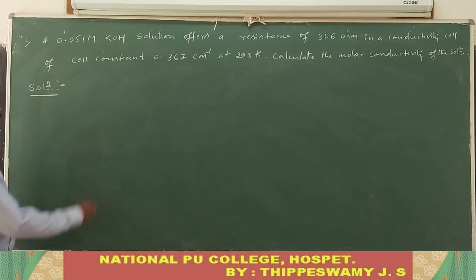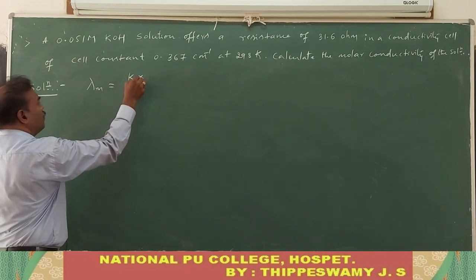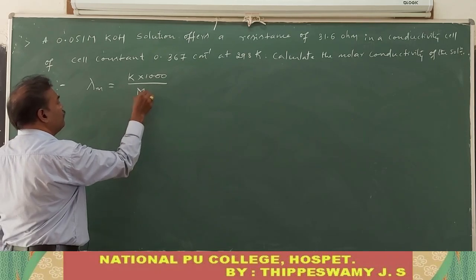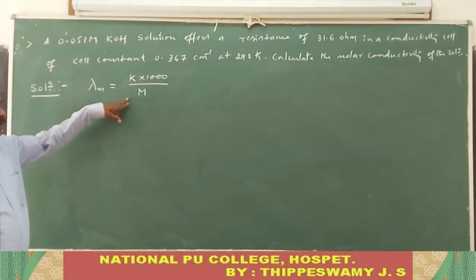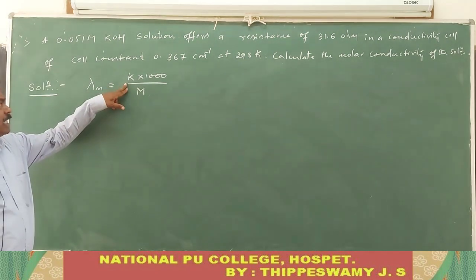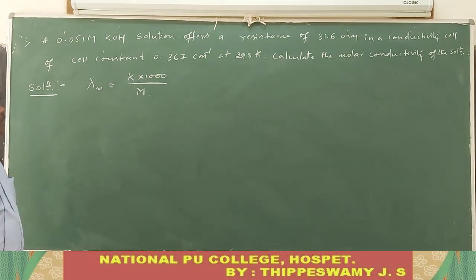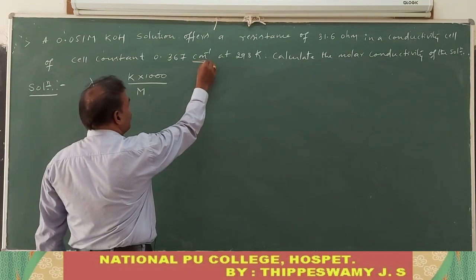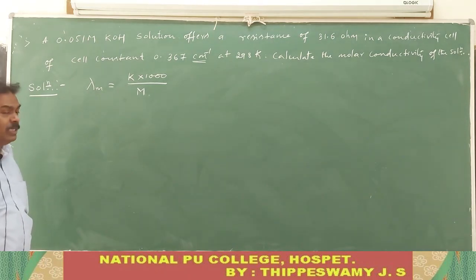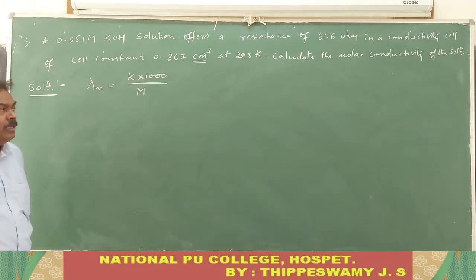First of all, lambda m is equal to K into 1000 whole divided by capital M. Molar conductivity is equal to specific conductivity into 1000 by M. Why do we use this formula? Because the cell constant is given in terms of per centimeter. Hence we have to use this relation in terms of centimeter only: lambda m is equal to K into 1000 divided by M.